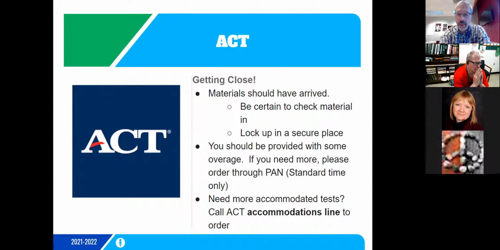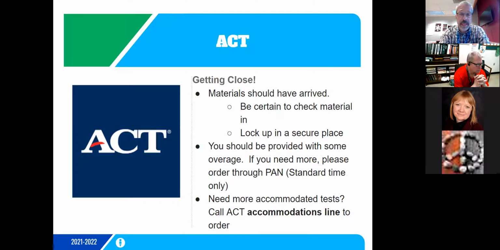But if you need more, order them through the Pearson Access Next, and this is for standard time paper assessments only. If you need additional materials, for instance, for students who you've applied for accommodations and have heard nothing back yet, and a decision is made that you now need something you don't have, you need to call the accommodations line of ACT in order to order that.